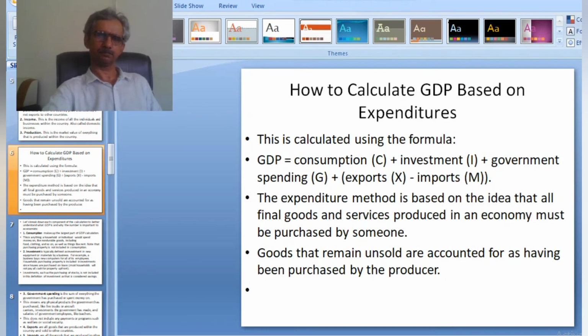So how do we calculate GDP based on expenditures?